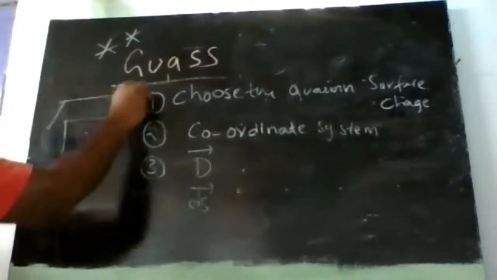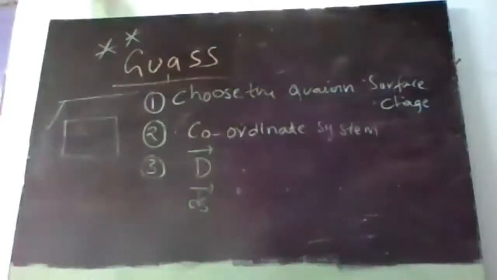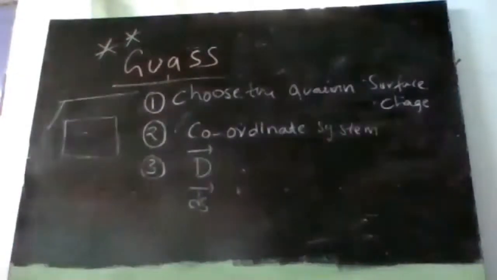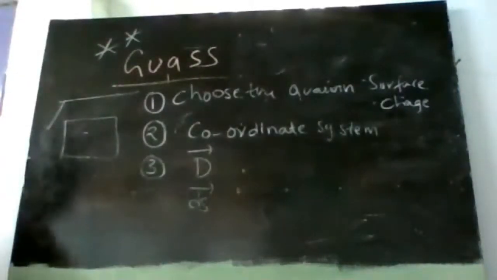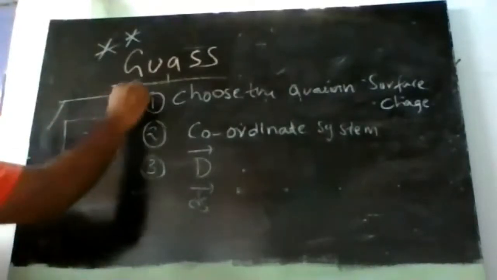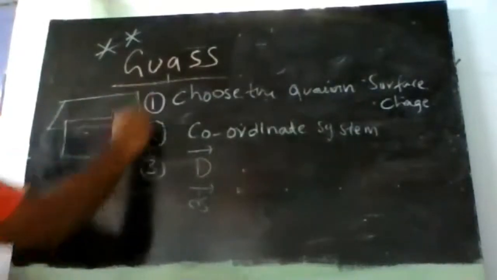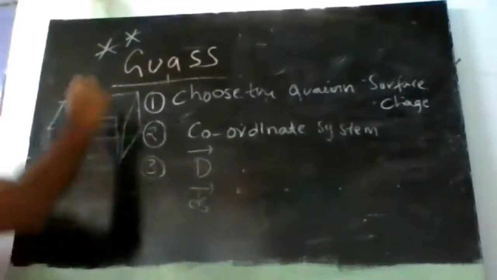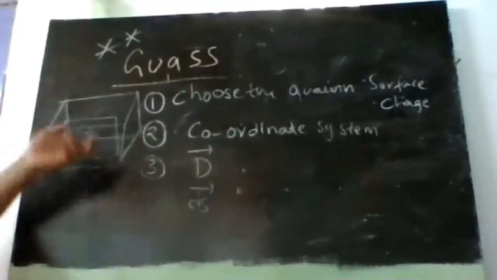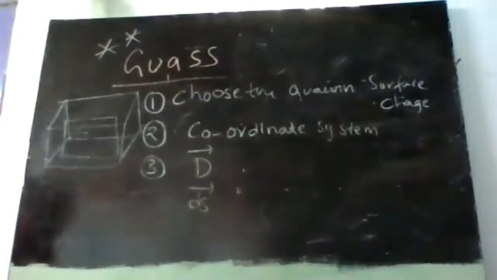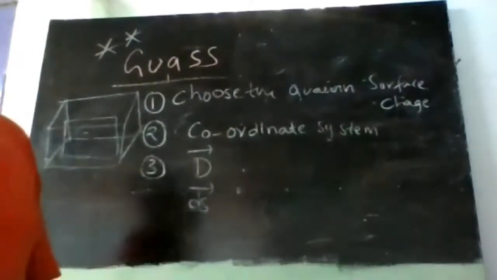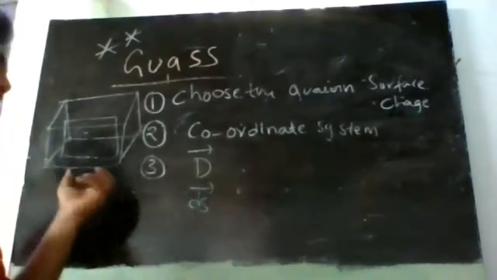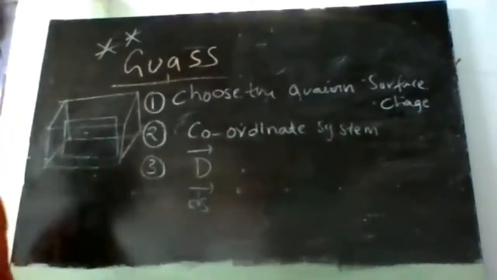For this box nature, I will consider a Cartesian coordinate system, because my Gaussian surface will be a box. So obviously I will choose a Cartesian coordinate system.